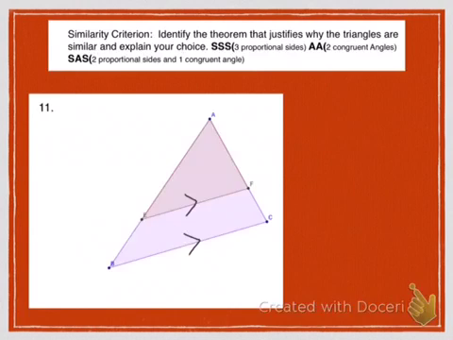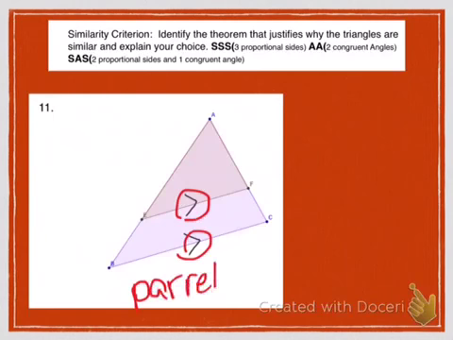Identify the theorem that justifies why the triangles are similar. Explain your choice. Notice I have these arrows on my lines. Those arrows mean that the lines are parallel. And whenever you have parallel lines, then you're going to have corresponding angles or alternate interior.